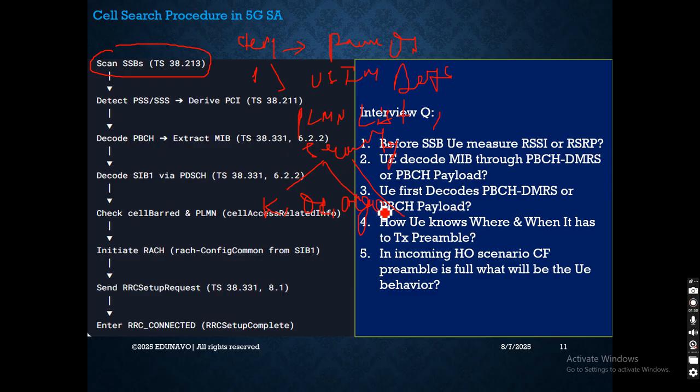Next is the stored cell info. What does it contain? It contains the last scanned frequency, in case the UE has already scanned earlier, and also which RAT it has scanned.